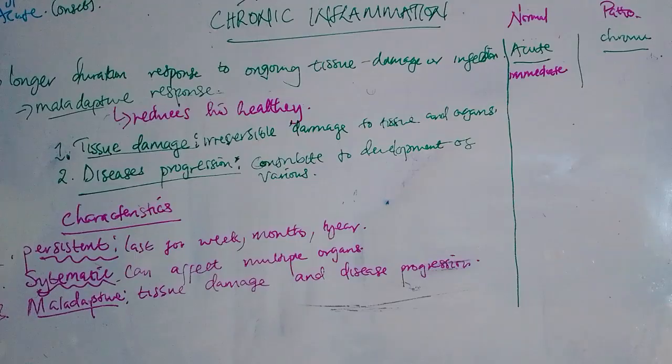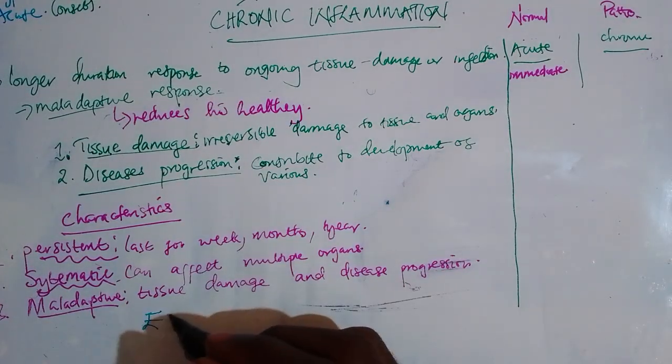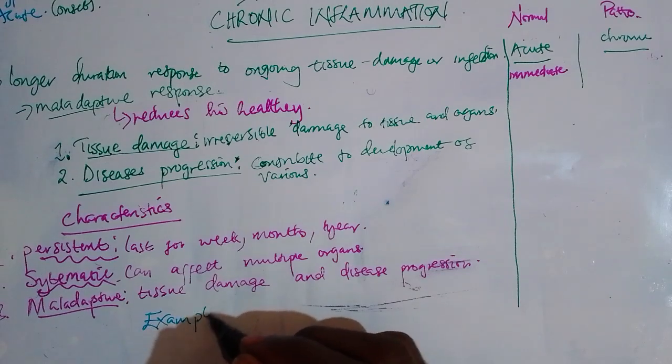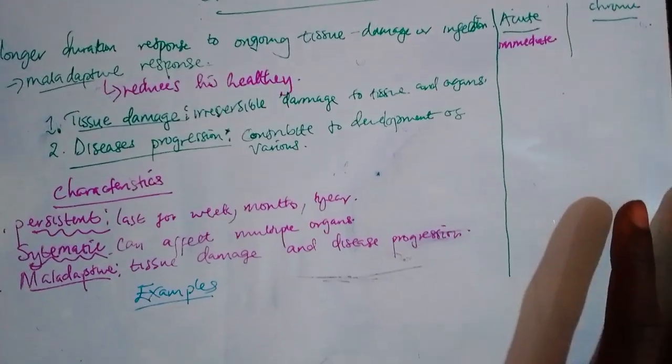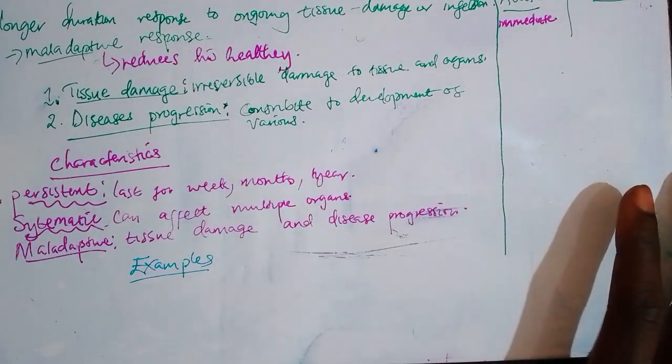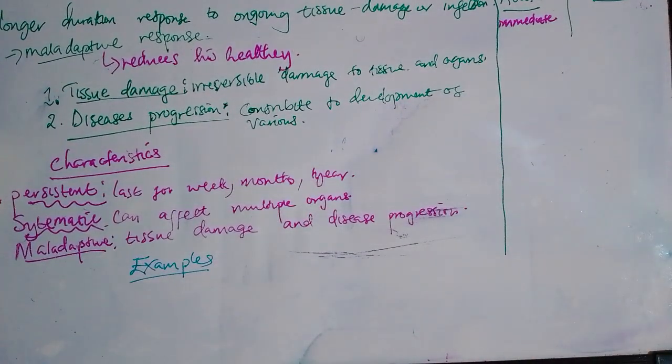So what are some of the examples of chronic inflammation which you need to know? So we have examples. Yeah. So some of the examples which you can say that these are examples of chronic inflammation are, we have chronic diseases.